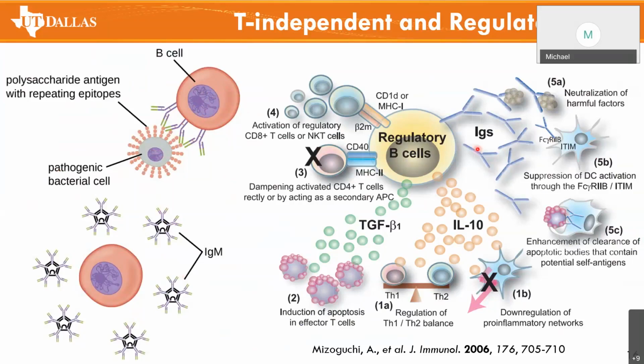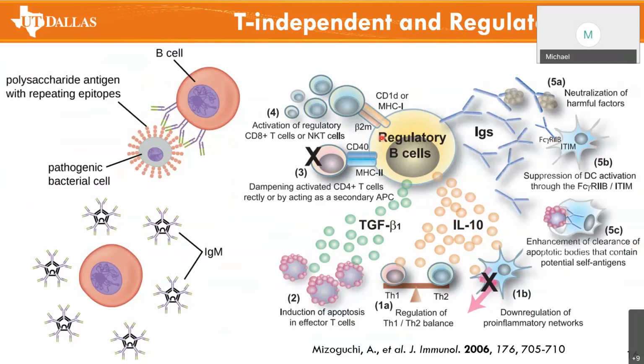And then we have regulatory B cells. What regulatory B cells do is the same as regulatory T cells. They downregulate inflammation by secreting interleukin 10 and TGF beta 1. Interleukin 10 will downregulate MHC2 expression, and interleukin 10 will also downregulate IFN gamma and TNF alpha, which is very important for the Th1 response and Th17.